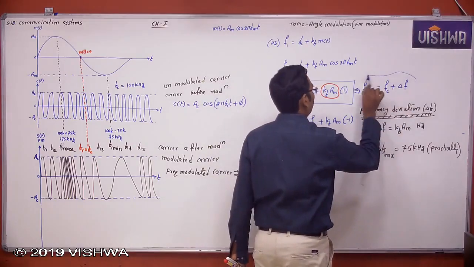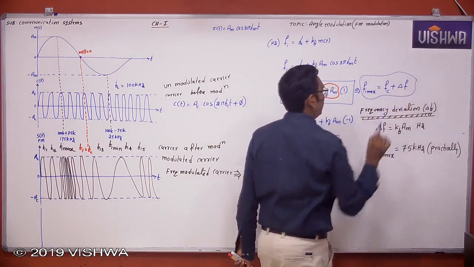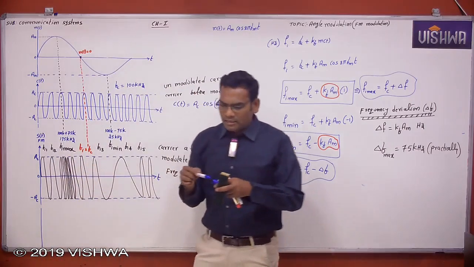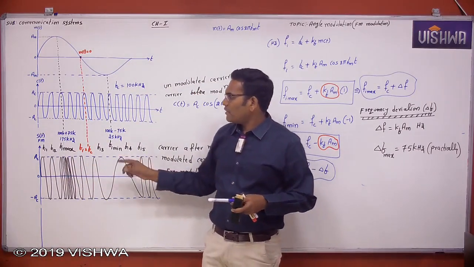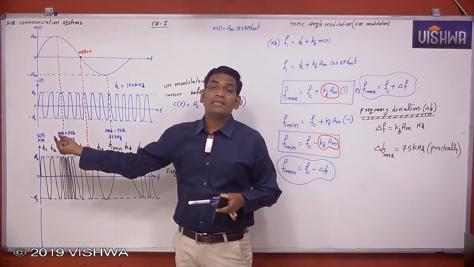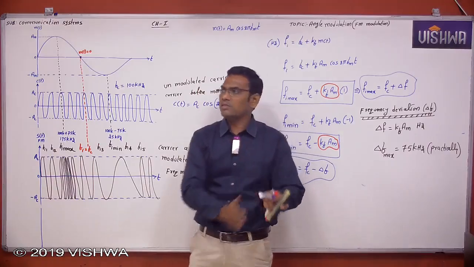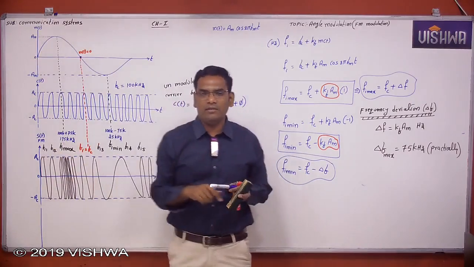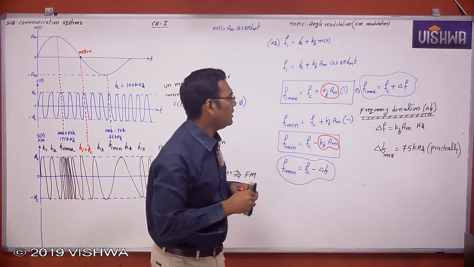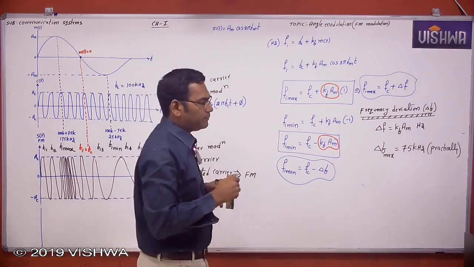The frequency of the carrier after modulation is changing from 25 kHz to 175 kHz. Practically, the maximum frequency deviation is 75 kHz. Okay, note down this.